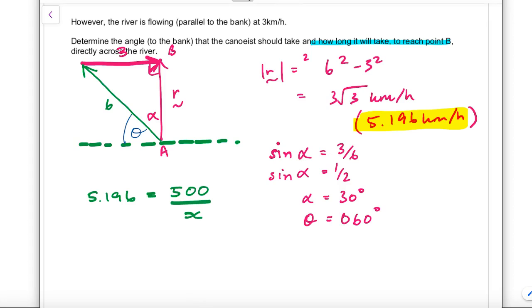What I'm going to do is change this value, the 5.196 kilometres per hour, to metres, so 5,196 metres over 60 minutes in that hour. So when we solve this, we get x is 5.77 minutes. So it will take 5.77 minutes to get across from point A to point B.